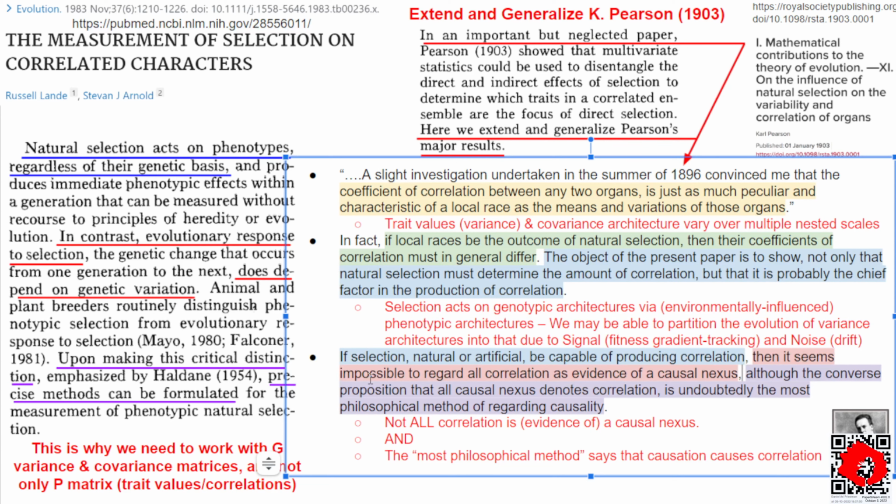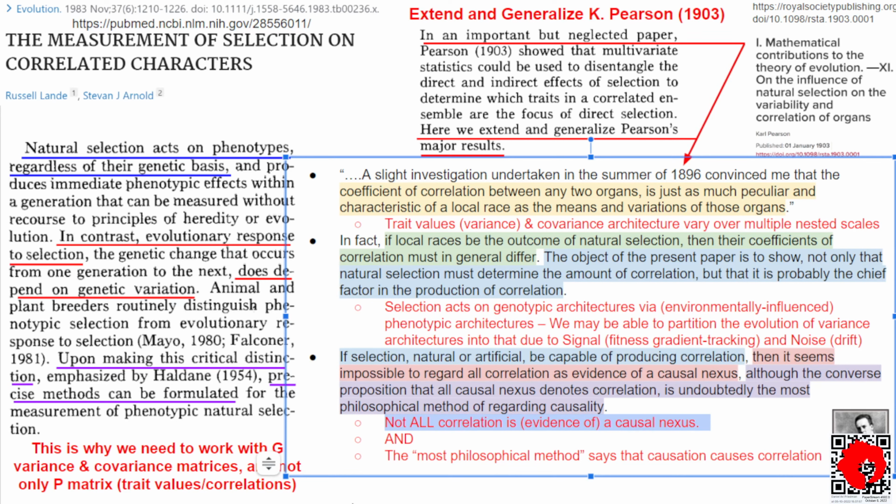So the next claim is, it can't be that all correlation is causation. That's impossible, although the converse proposition that all causal nexus denotes correlation is undoubtedly the most philosophical method of regarding causality. So, not all correlation is evidence of a causal nexus.